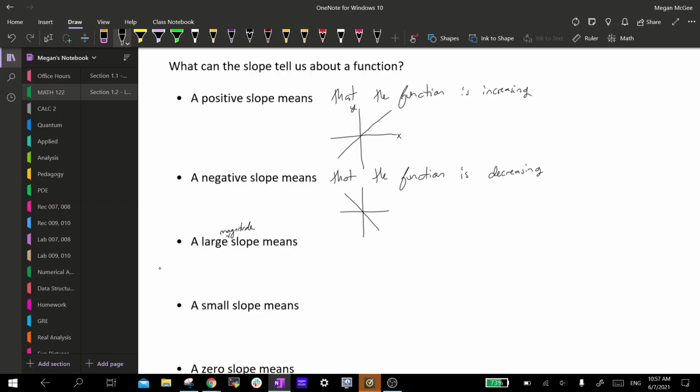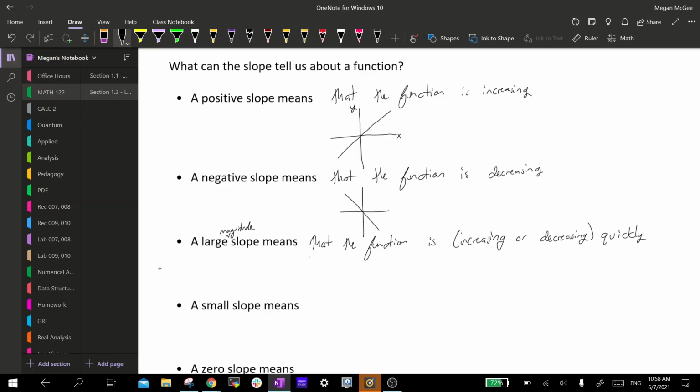So a large magnitude of slope means that the function is increasing or decreasing quickly. Alright, so if it's negative, it's decreasing. If it's positive, it's increasing. But if it's large in magnitude or in absolute value, it's doing whatever it's doing very quickly.